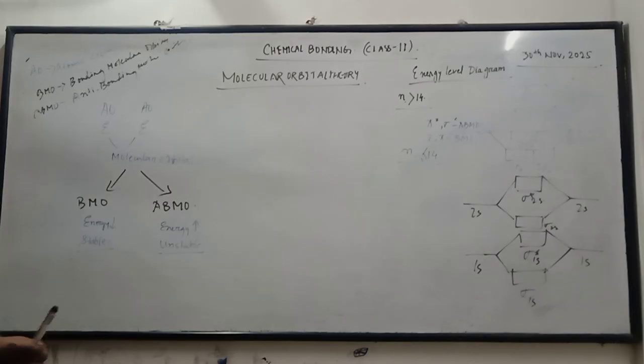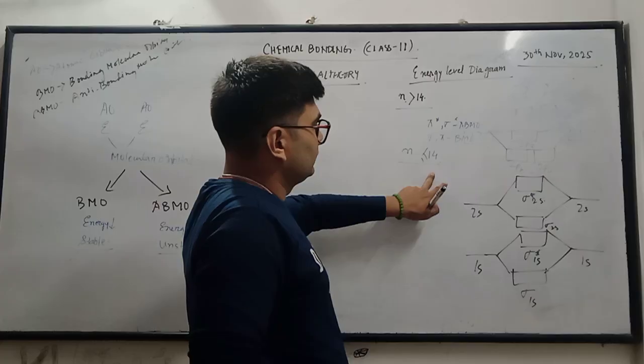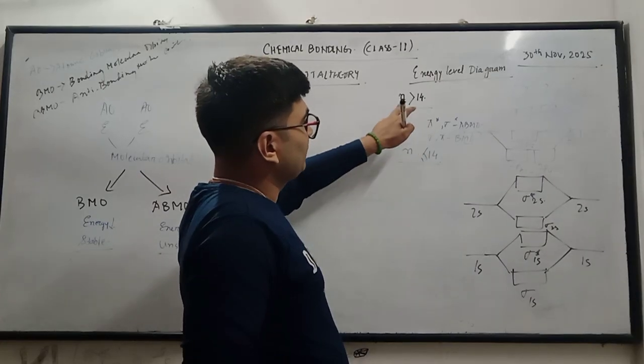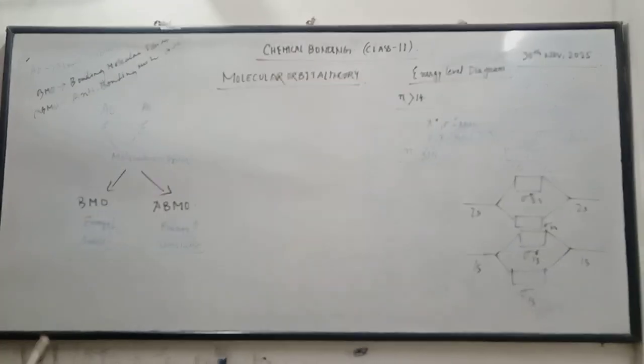This is the change for n less than or equal to 14, and for n greater than 14 it was the earlier diagram. I hope you have taken a screenshot of it.